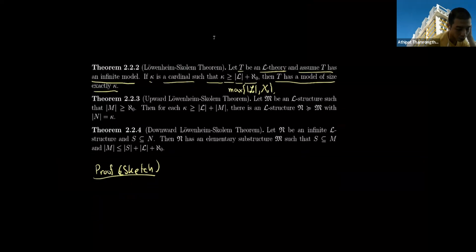So the idea of the proof of this one is, if we can show that T has an infinite model, right?